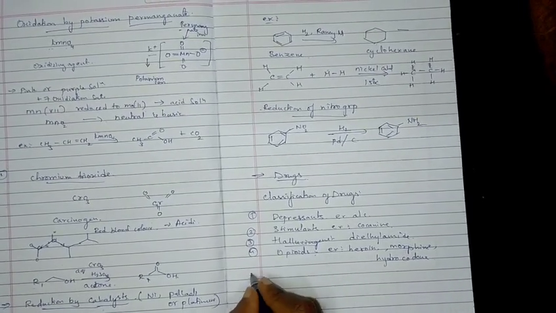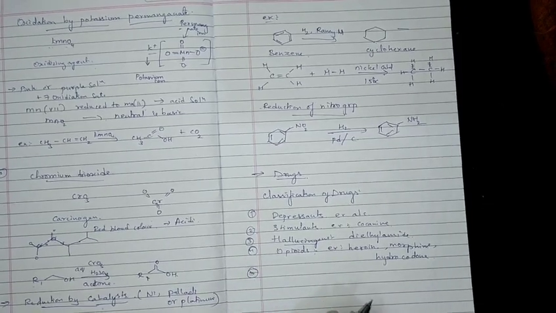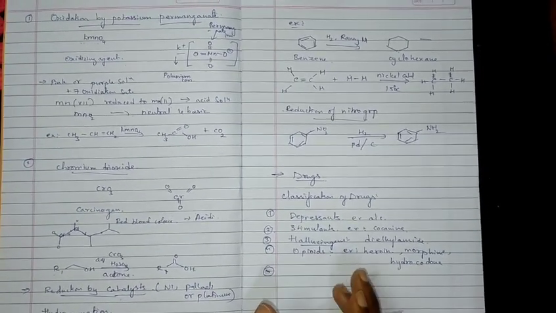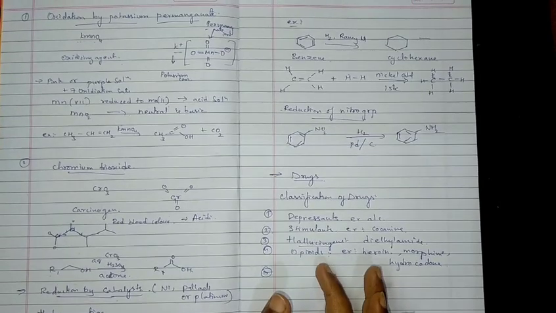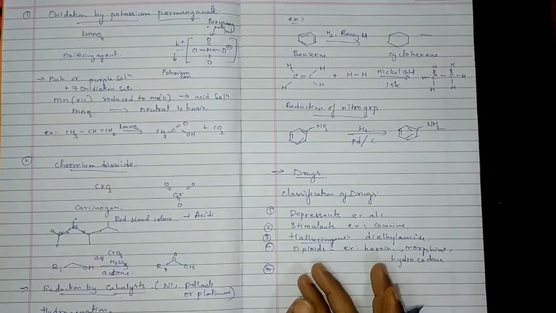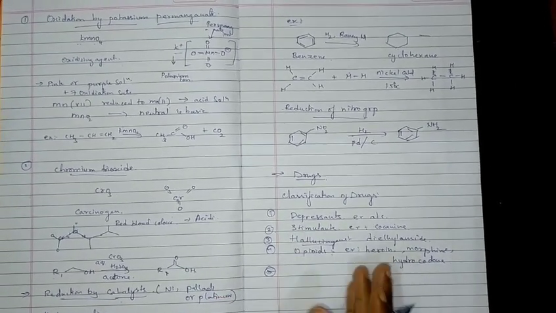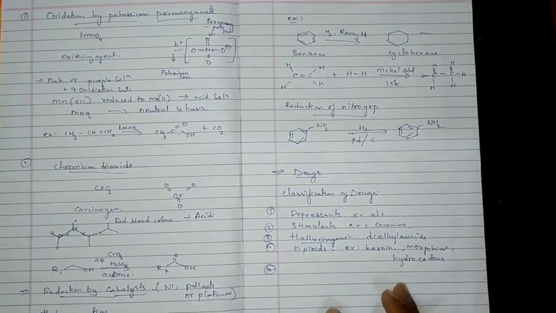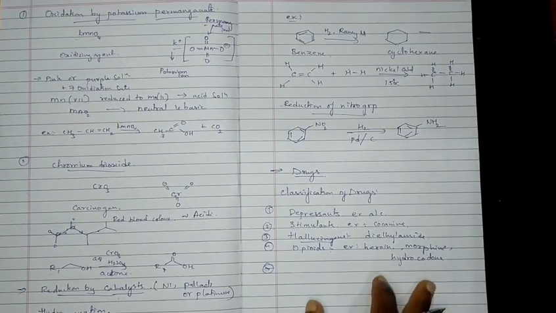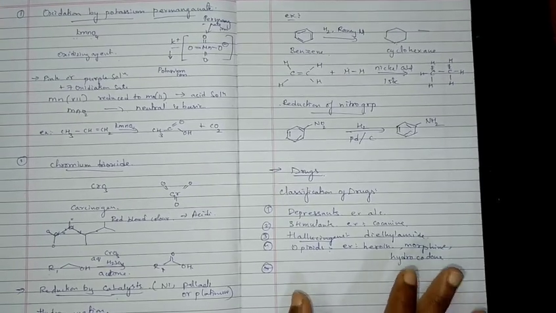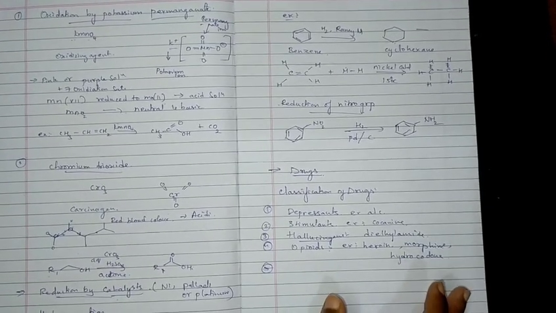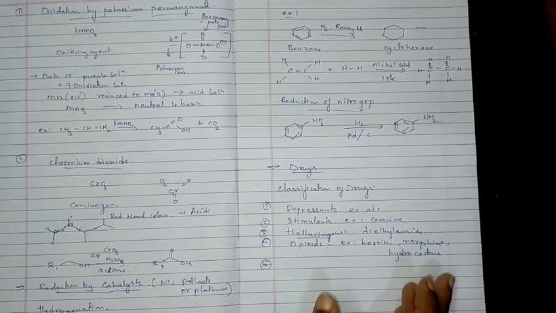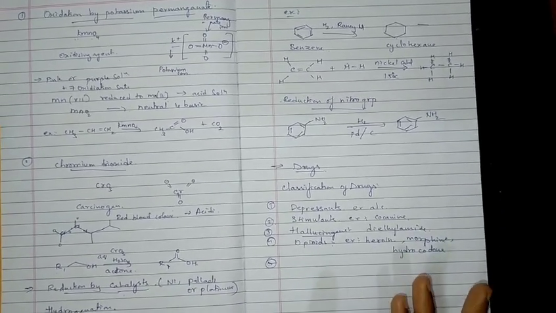Next, inhalers. Mostly we know that if we are affected with a cold, we usually go and get inhalers, Vicks inhalers and all kinds of inhalers, where the drug is taken in vapor form. Those are said to be inhalers. Examples are hair sprays, chloroform, nitrogen oxides.